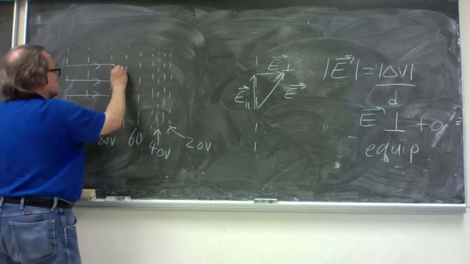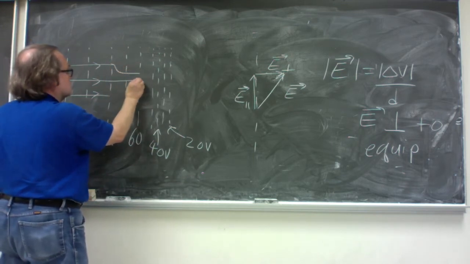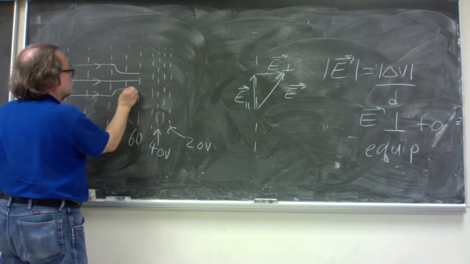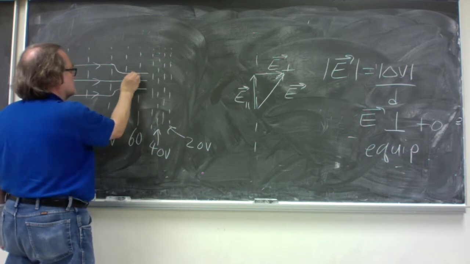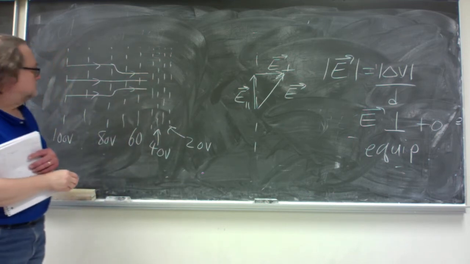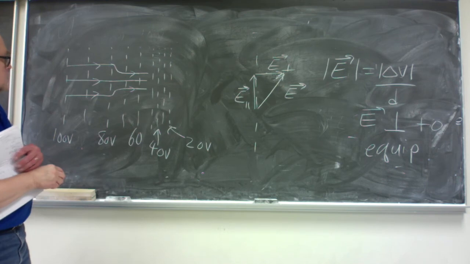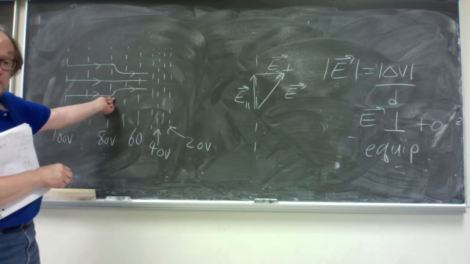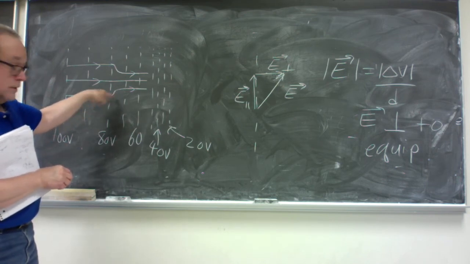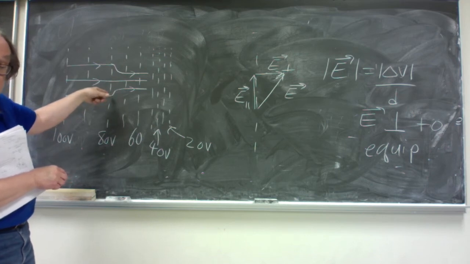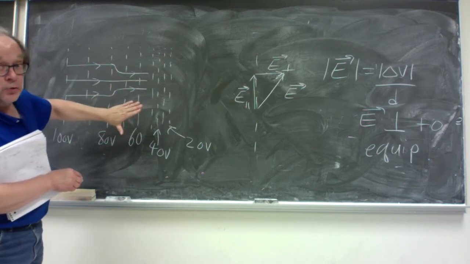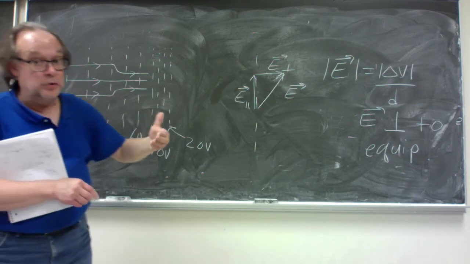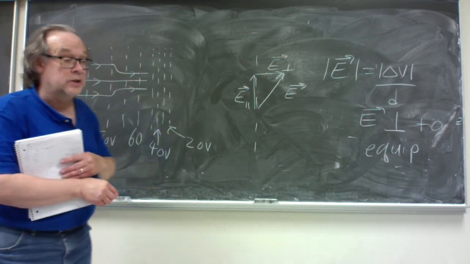So something like this. All right, there must be some region of space where there's a little curve in the electric field line, but then wherever I've actually drawn an equipotential line, the field must be perpendicular to that equipotential line.